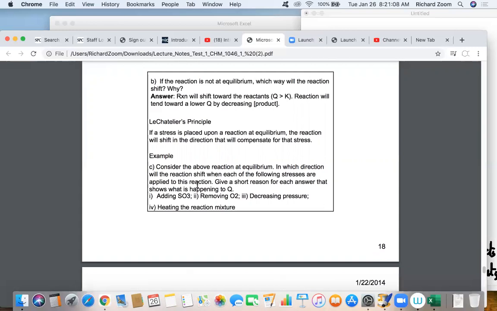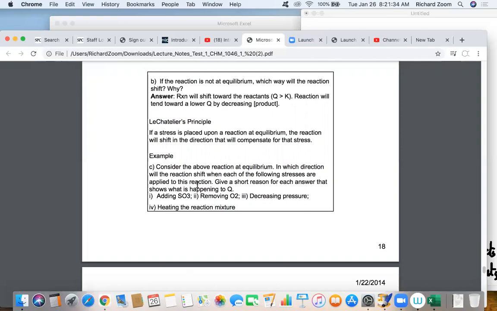That compensation is going to take the form of getting back to equilibrium once you've taken it out of equilibrium. So every stress that we put on this reaction is going to take it out of equilibrium, and the reaction is just going to want to come back to equilibrium. That's all Le Chatelier's principle is saying. And that's what I mean by compensate for that stress.